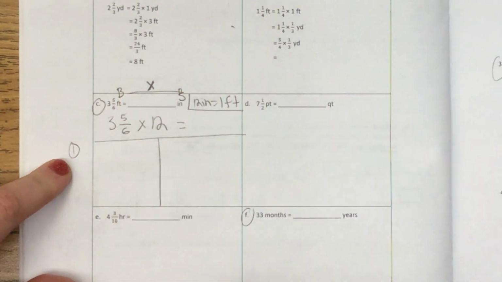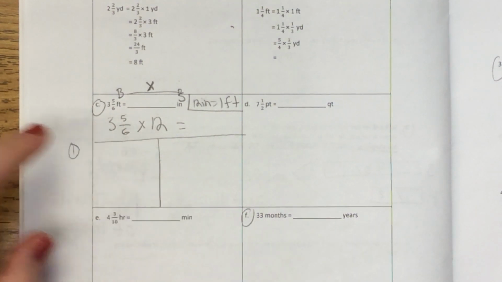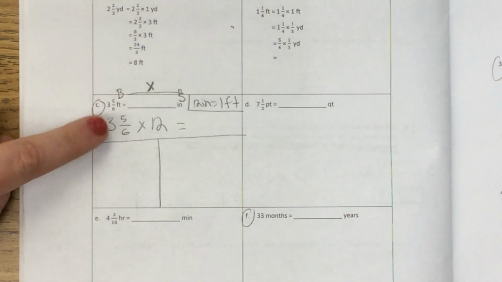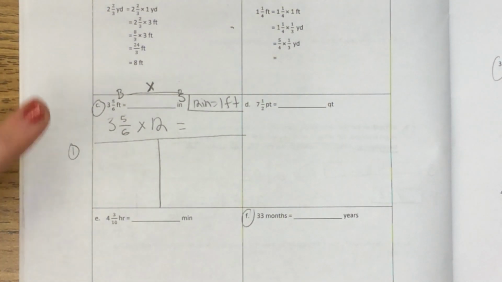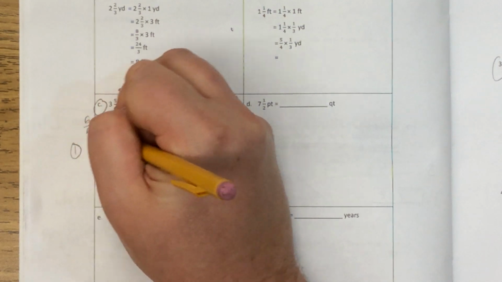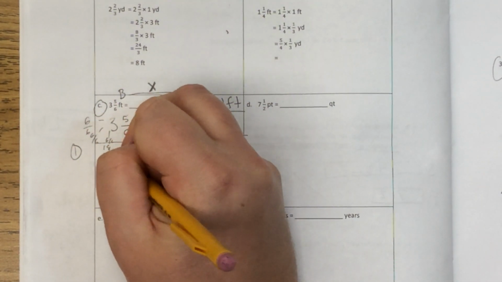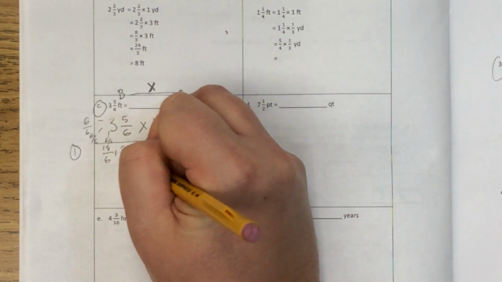So option number 1 is our improper fraction method, which means I'm going to look at 3 5/6 and say, if I wanted to write that as just a fraction, how would I do so? I know a 3 can be written as a fraction because 1 is worth 6/6. So 3 of them is worth 6/6, 6/6, and 6/6, or 18/6 plus 5/6, which equals 23/6.